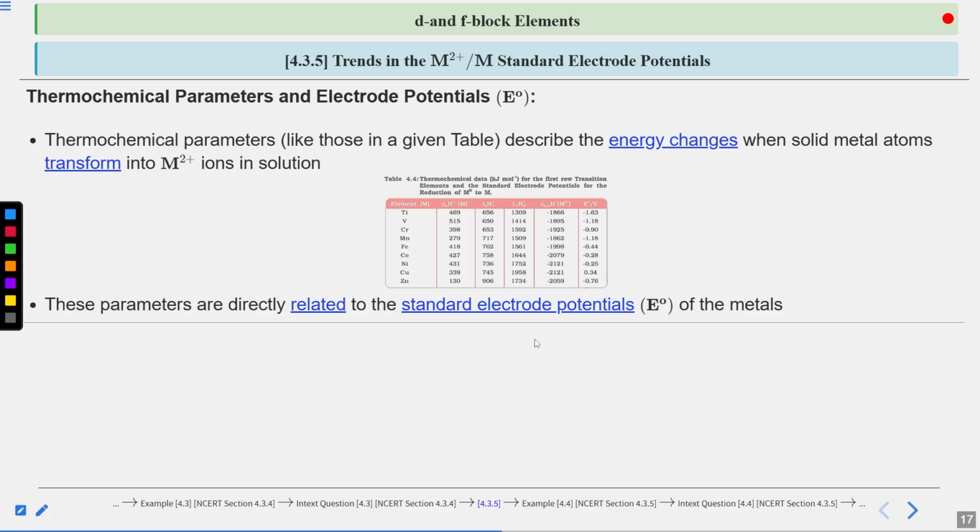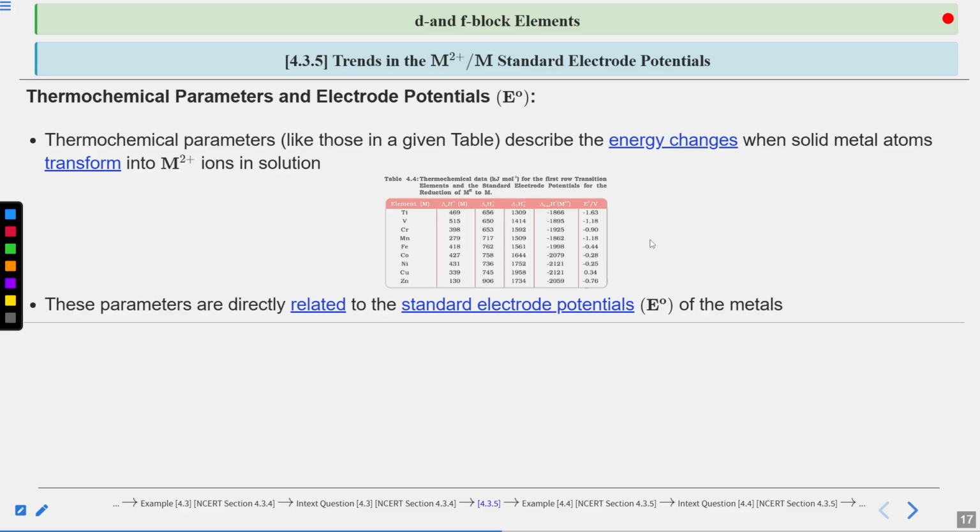Okay, why? Because as I said, the metal is going to convert to M2+ in steps: firstly it will convert from solid to gaseous, then from metal to metal plus, then metal plus to metal 2 plus, and from metal 2 plus gaseous to metal 2 plus aqueous. Okay, so 3 to 4 steps it is going to need, and it is going to relate to the E naught.